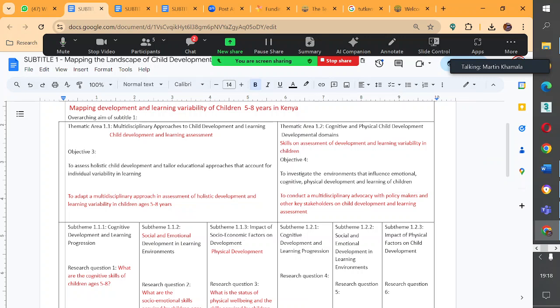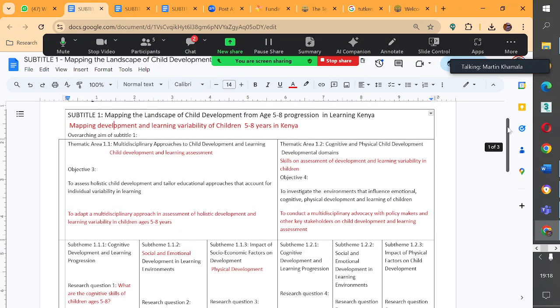So what we're saying is that each thematic area needs to have an overarching objective or aim, just something we can discuss and agree on. But just to standardize, and it's not, again, a limiting factor, we argued that let's each one of these, you see, we're talking of child development and learning, but let's break them into thematic areas.